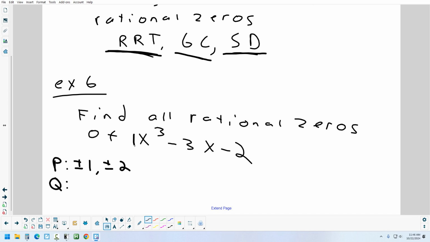It's all the factors of the leading coefficient. What are all the factors of 1? Just 1. And -1. So if I take all the different p's and put them over all the different q's, what numbers would be in my list? There's not as many as the first time.